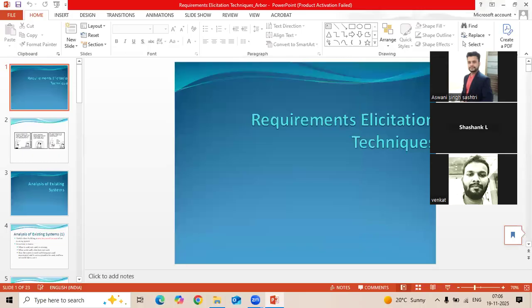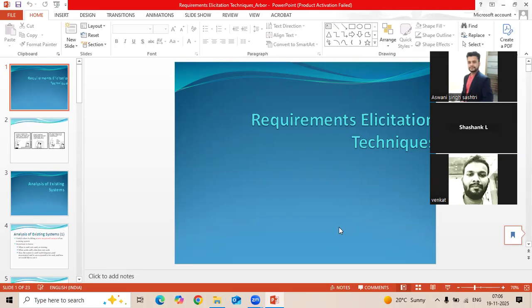Now today we are going to start our very first, very new topic, that is requirement elicitation technique. Before I start, let me tell you, as a business analyst, our first job role, whenever we are getting a project, whenever we are working on any application, our first step is to go to the client, sit with the client and gather the requirement.